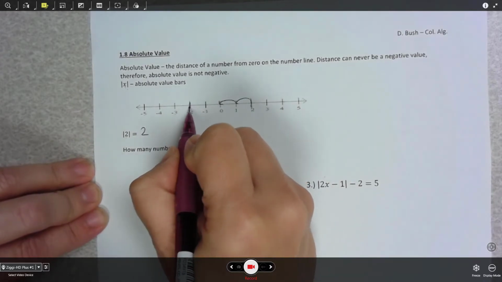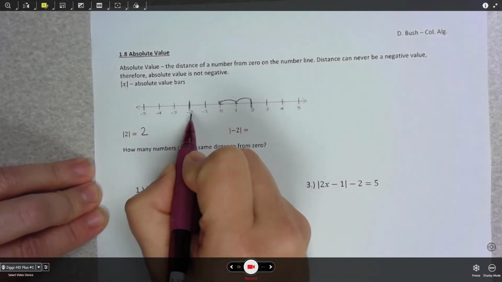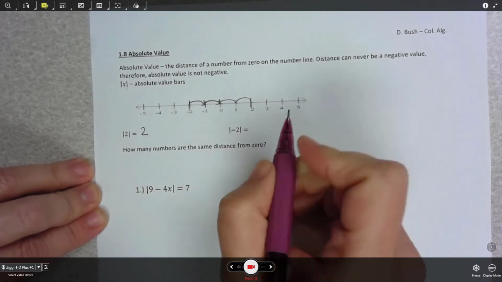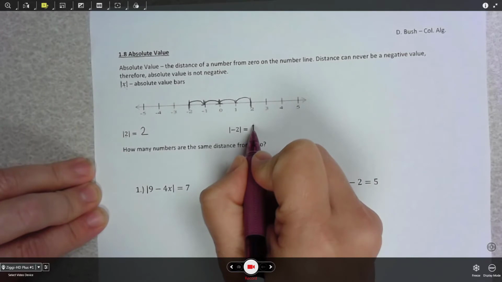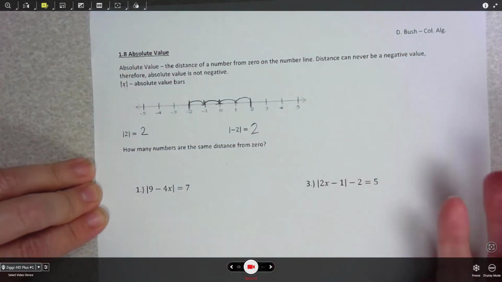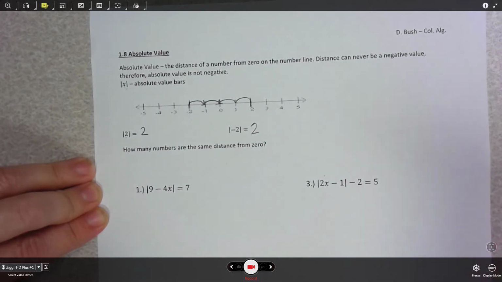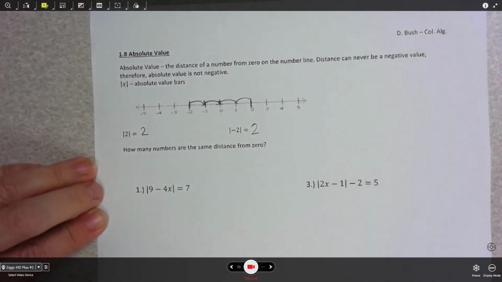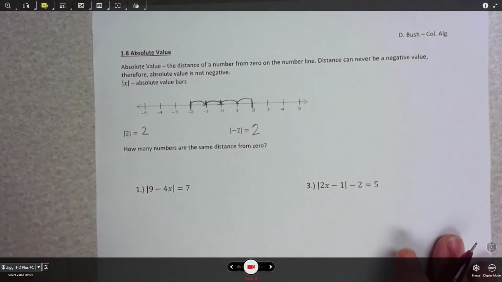If I come to negative 2 and count back to 0, that's 1, 2. Negative 2 is also a distance of 2 from 0. No matter if you're going forwards, backwards, up, down, or drilling down into the ground, you can never go a negative distance. You're always going 2 feet, 3 feet, 100 feet, 1,000 feet, whatever the case may be.